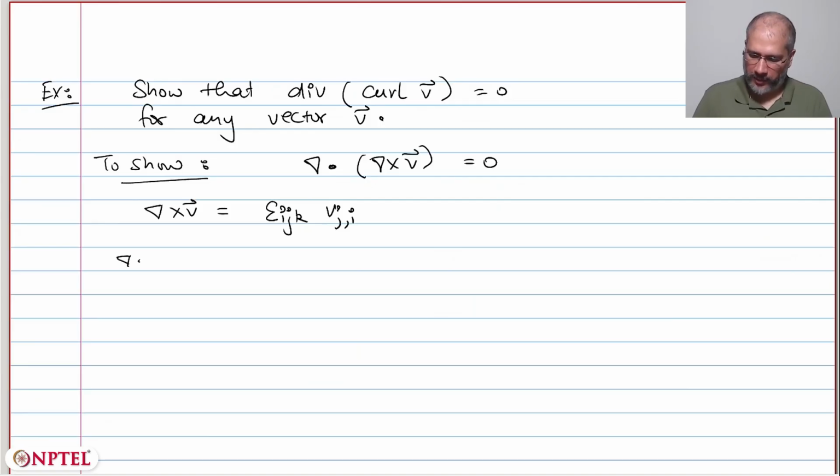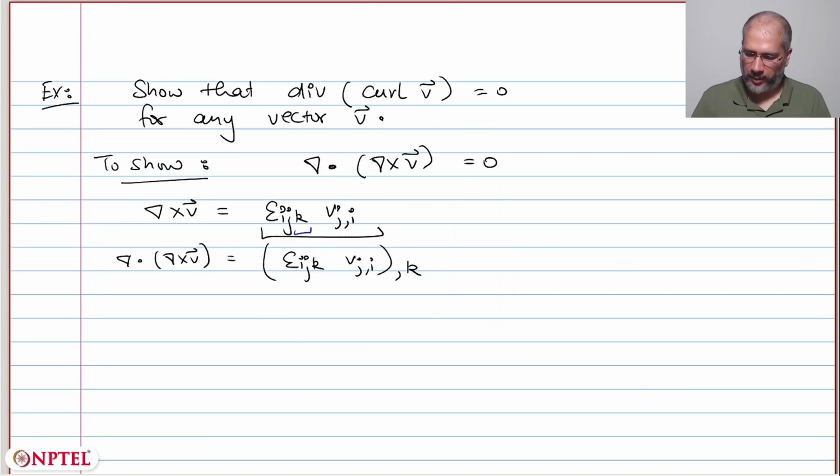Then if I write the divergence of this quantity, now we can see that the expression epsilon ijk vj comma i is a vector with the free index k. So if I was to do a divergence of this, it would become epsilon ijk vj comma i, this whole thing comma k.